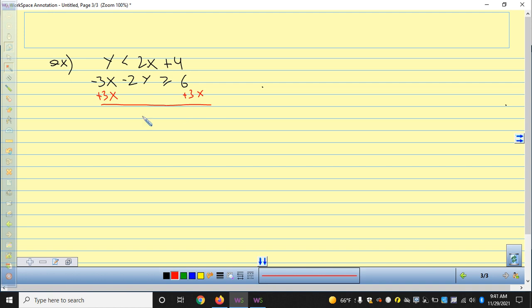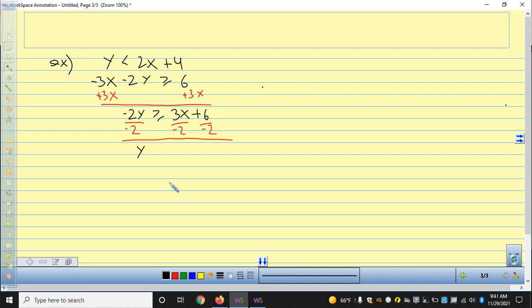So when I do that, I get negative 2y greater than or equal to 3x plus 6. And now I need to get this negative 2 away. So I'm going to divide everything by negative 2. These go away, and I get y.